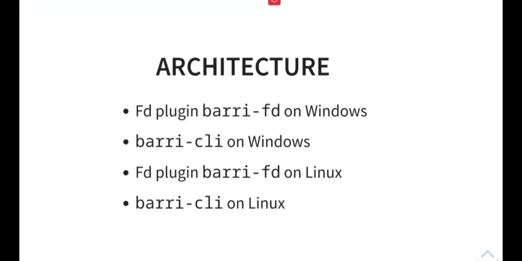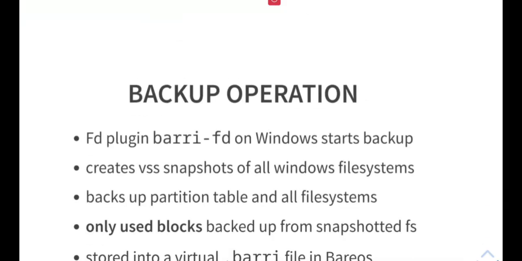Then there's a file daemon plugin for Linux, which is intended to do the disaster recovery in case the machine needs to be disaster recovered. And this can then be started inside of a live Linux machine, for example. And there's also a command line tool on Linux that can also do recovery, running out of Linux, for example.